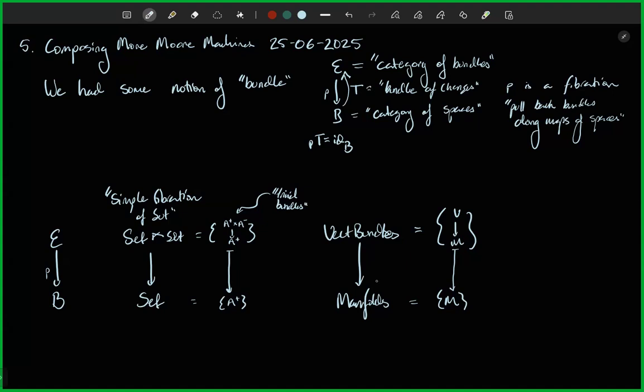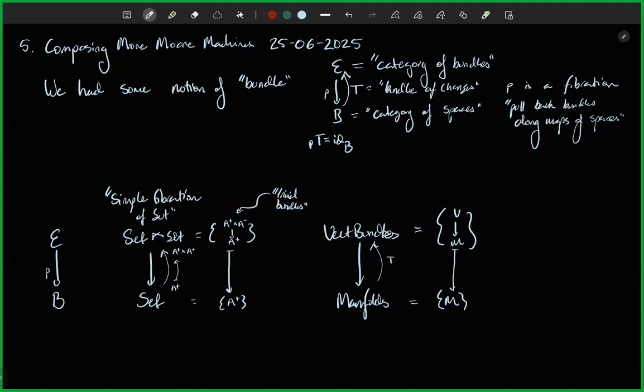So in this case over here, it really was the tangent bundle, T. And in this case over here, it's something that's a little more trivial. We send A plus to A plus times A plus. So it's what you might call the diagonal.